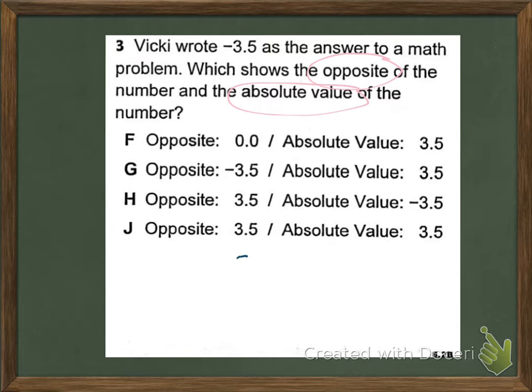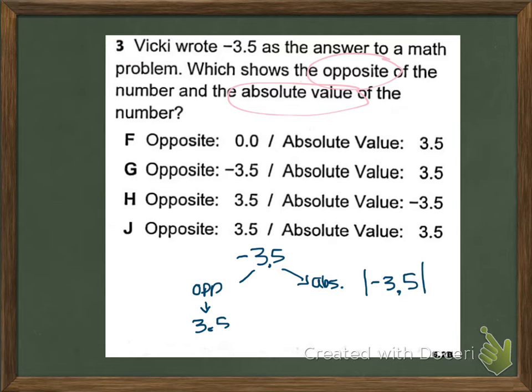Okay, so if we have negative 3.5, the opposite would be the positive version, which is 3.5. Then we have the absolute value, right? Absolute value is the distance a number is from 0. So the absolute value, remember, looks like this.